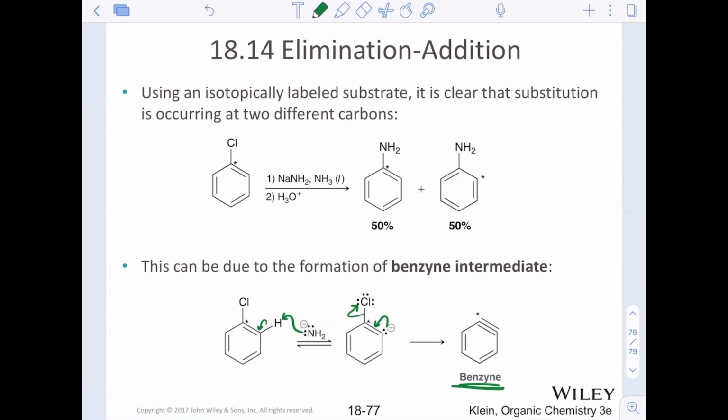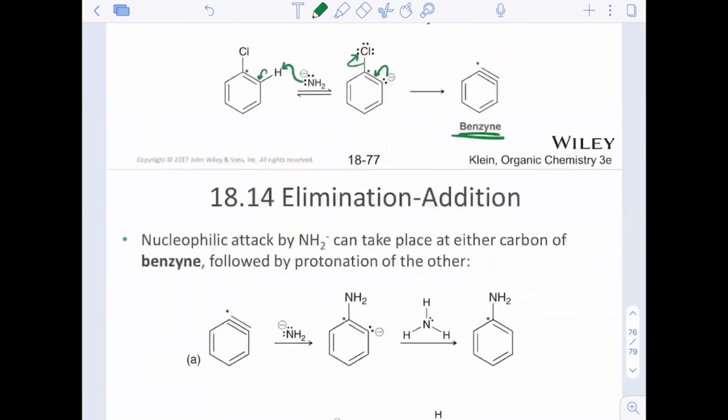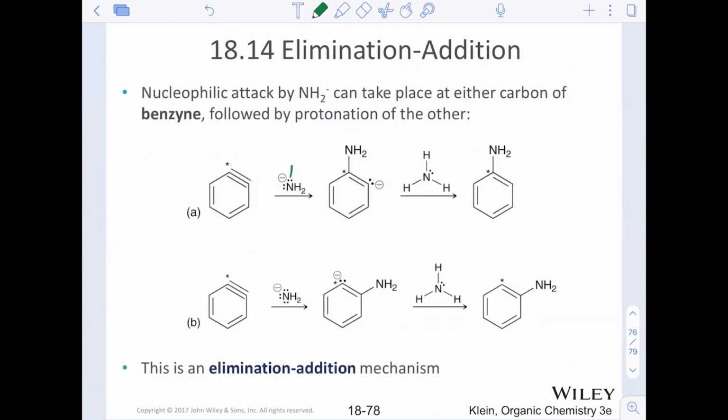And that's how we can explain it. With the benzyne intermediate, the nitrogen can either add back to the original position, and then ammonia is used to protonate, or it can actually add to the other side. With this carbon-carbon triple bond, either side can be added to.